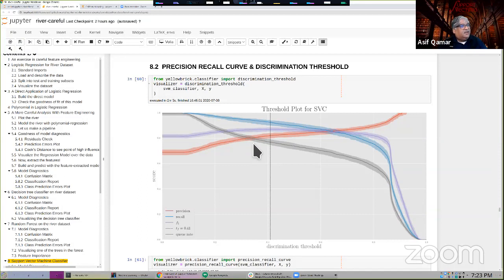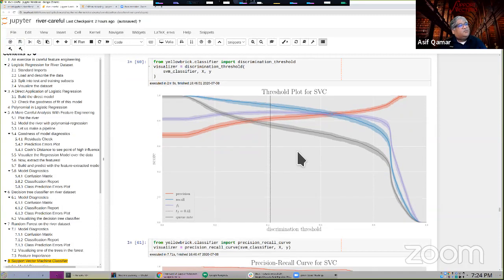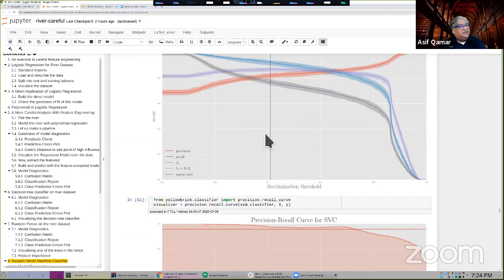So you get a very good F1 value. So you notice that the F1 value, which is the harmonic mean of precision and recall, it peaks here, which is why internally the classifier will use that as a threshold for deciding that at this probability, will declare it to be one class versus the other. So it is worth plotting this out to see what the model is doing internally.